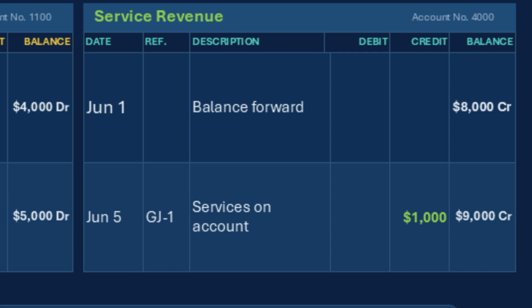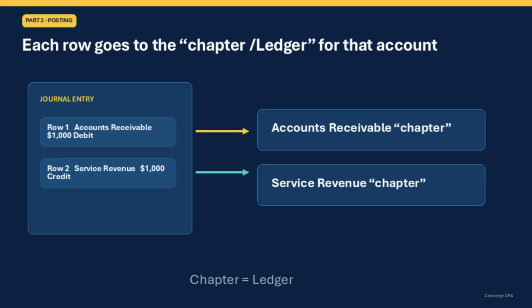When we post the new $1,000 credit, the service revenue balance increases to $9,000. So the new journal entry does not create two separate records floating somewhere in the system. Each row is added to the activity already recorded in those account chapters, and the running balance is updated. That is what posting means. Each row of the journal entry is placed into the chapter for the account it affects.